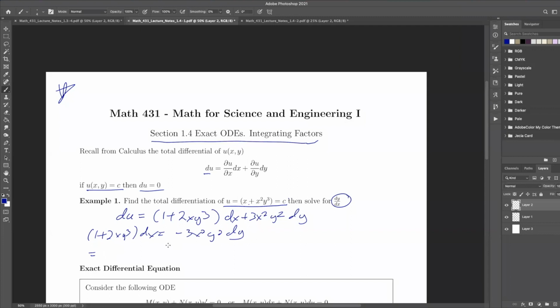This implies that minus 1 plus 2x, in other words, y prime. You guys remember doing anything like this, where you're given a function and you want to figure out what the derivative of y is when you do total differentiation, vaguely?